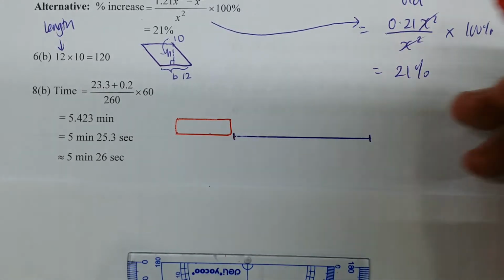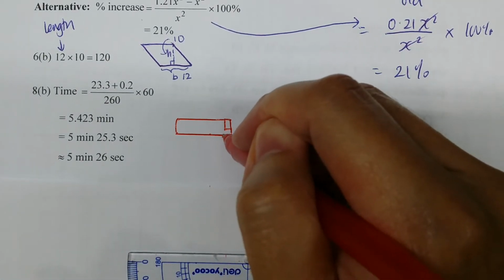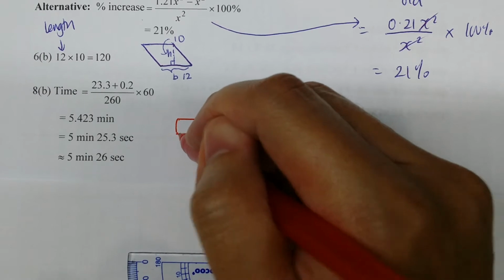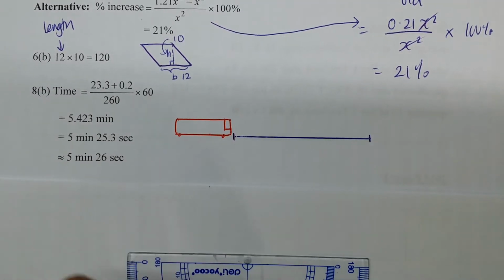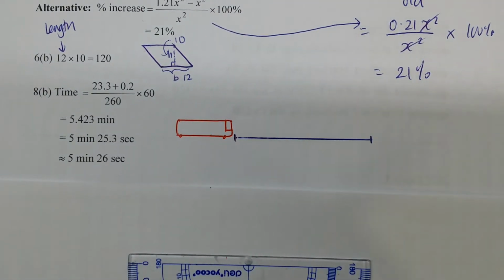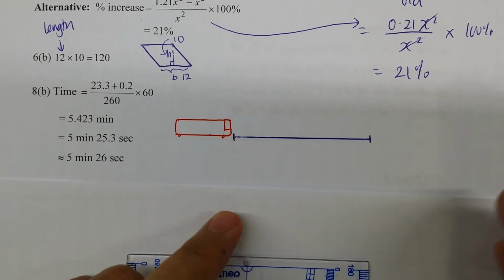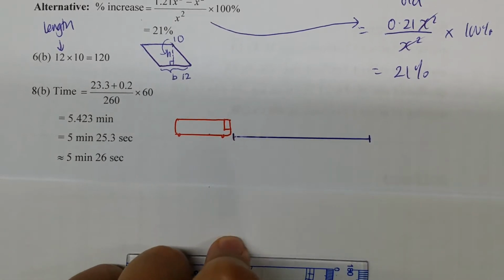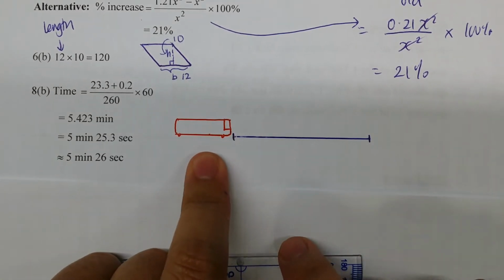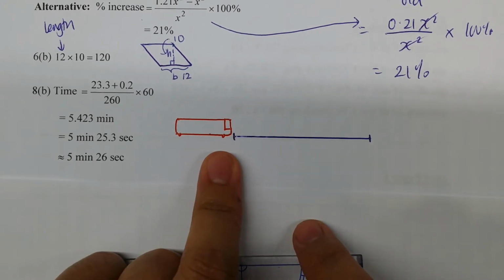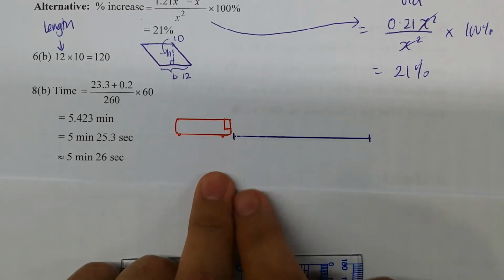The train looks like this. Of course there are many wheels, but I'm not going to draw all the wheels. So this is a train, and it is supposed to pass through the tunnel.